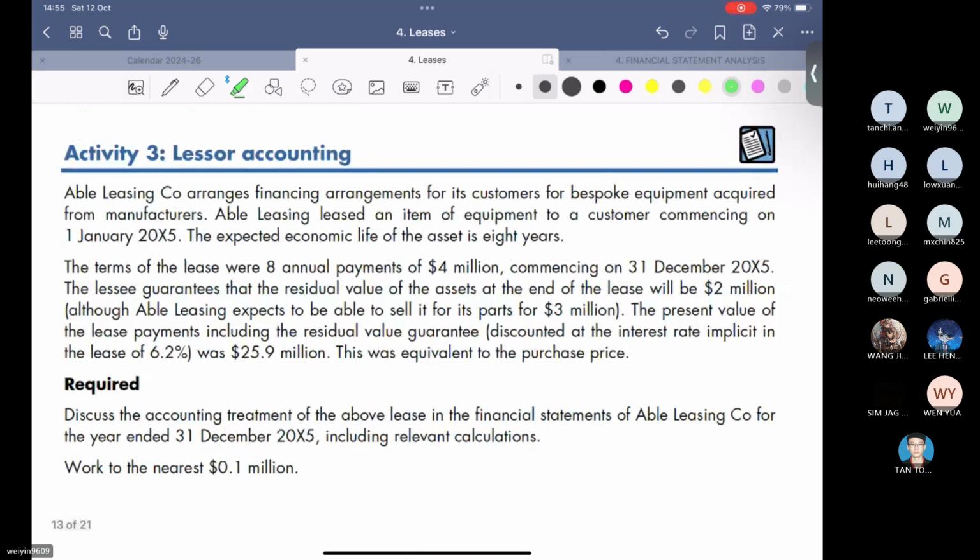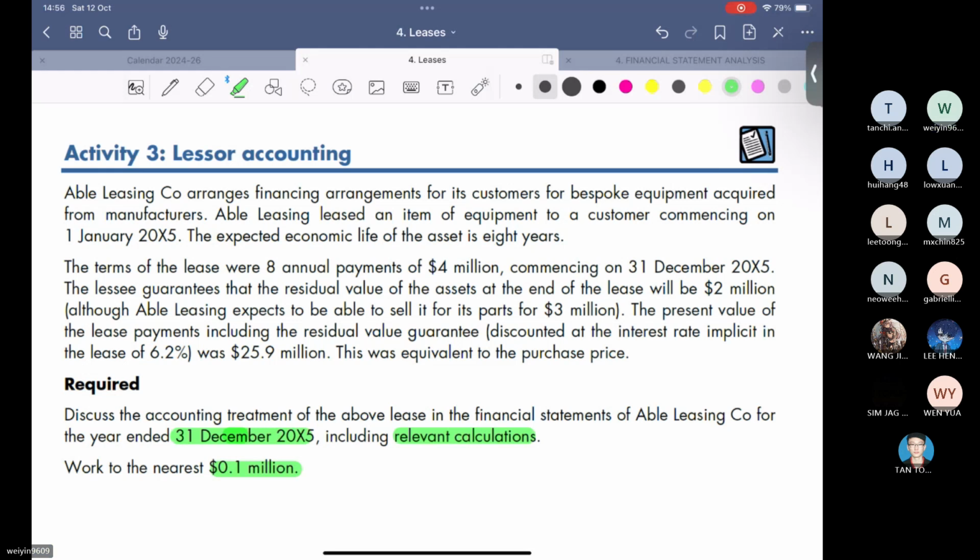Okay, let's go for Illustration 3. Discuss the accounting treatment for the above lease in the financial statements of Able Leasing Co. for the year ended 31st December X5, including relevant calculations. Work to the nearest 0.1 million.